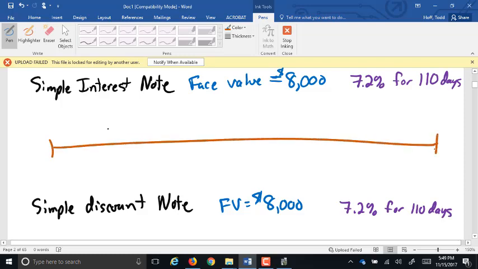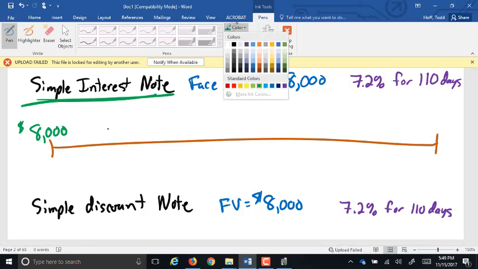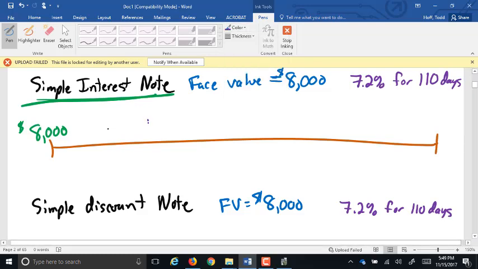You guys love these timelines so much, so I'm going to do a little timeline here. Pretend that's a line and not an arc. If it is a simple interest note, that face value of $8,000 is the amount of money you start with. That's how much you get, $8,000. To that, you are going to add interest.